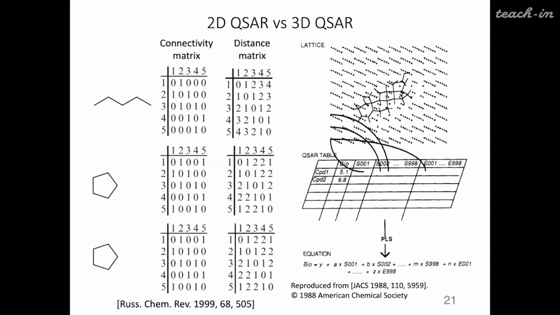QSAR approaches that can be used. So we have discussed descriptors that can be used in a QSAR study previously, and we can consider 2D descriptors, so we can represent molecules as molecular graphs and build connectivity matrices or distance matrices, or we can consider molecules as 3D objects.